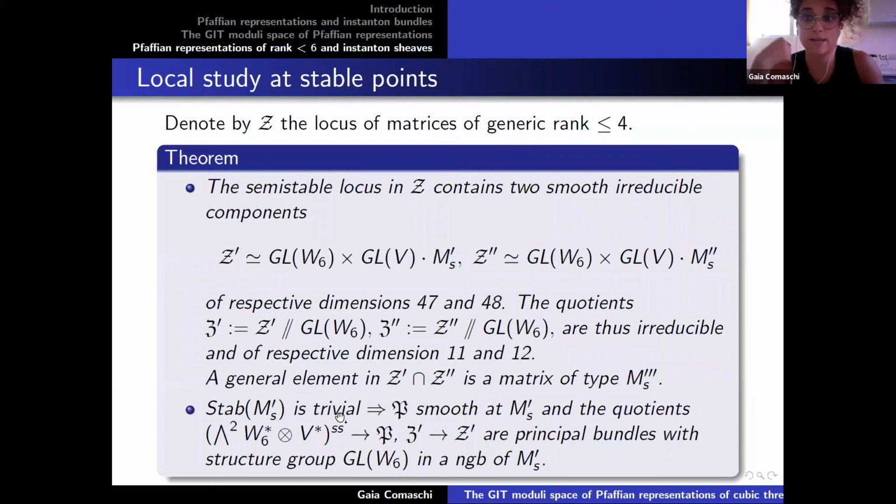This implies the smoothness of the GIT moduli space in the point, of course, also of the component Z prime in the locus of matrices of rank less than or equal to 4. And so both these quotients are principal bundles when we move in a neighborhood of our matrix.